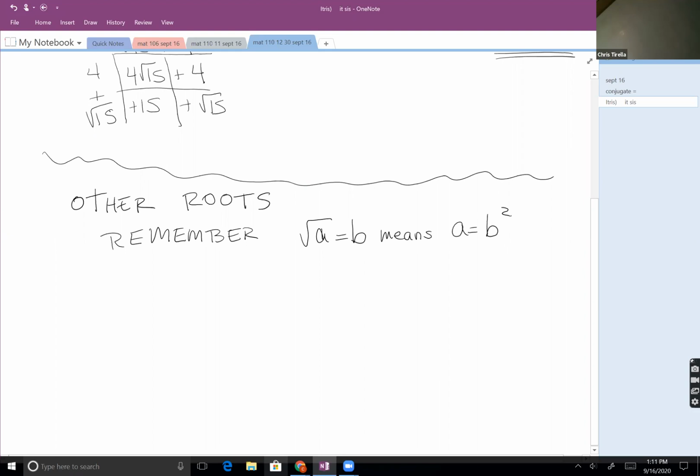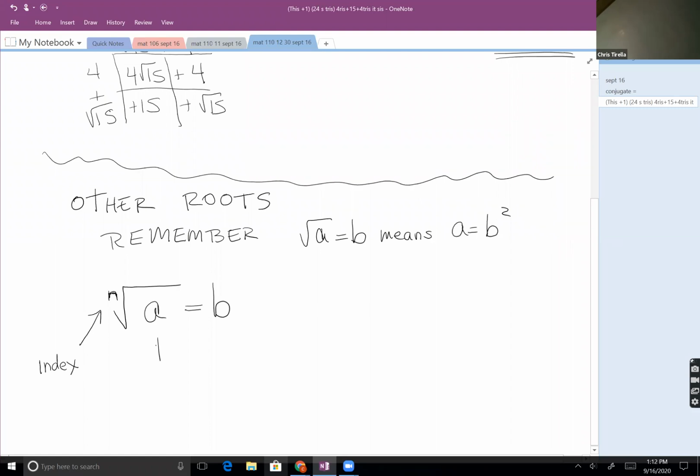If I want another root, there'll be a number in the upper left-hand corner of my radical, next to the check mark. And this is the nth root of A equals B. N is called my index.